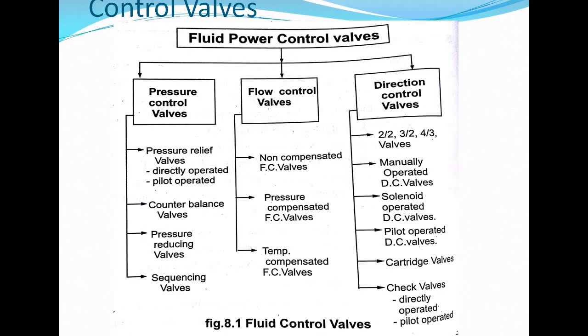Check valves are divided into two types: directly operated check valves and pilot operated check valves. A check valve allows the pressurized oil to flow in one direction, and it will not allow flow in the other direction. That is the functionality of a check valve.